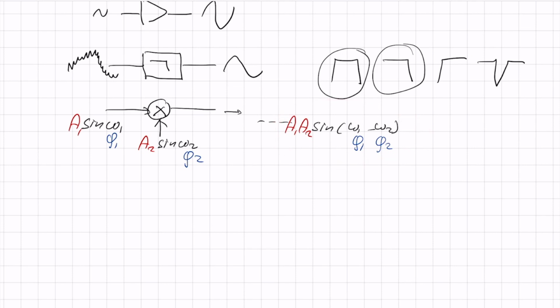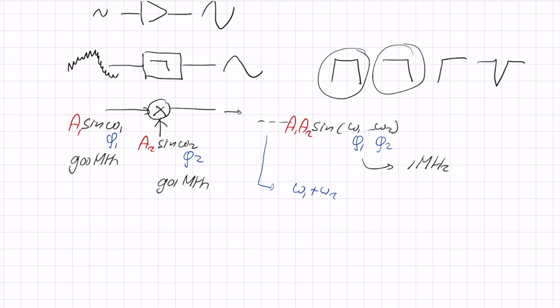I also get the sum frequency, so in fact this other term was omega 1 plus omega 2. That's a very high frequency, in case I choose these to be very close. So what I can do is I can make this one, this is my 900 megahertz, for example. I can make this 901 megahertz, and then the difference frequency is 1 megahertz.